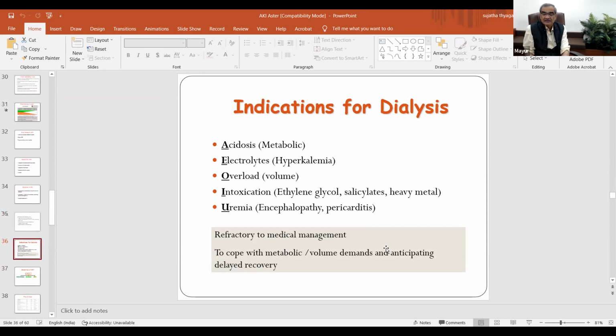Indications for dialysis, as you know, are not only for reducing urea and creatinine levels or so-called uremic toxins, but for so many other indications such as acidosis.